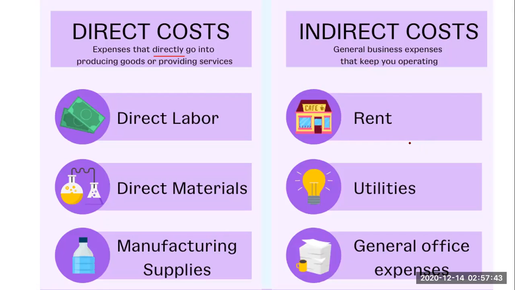And these are the most common examples: rent, utilities like electricity, water, internet, what else? Telephone, and general office expenses like paper, ink for the printer, pens, everything you need in your office to work.